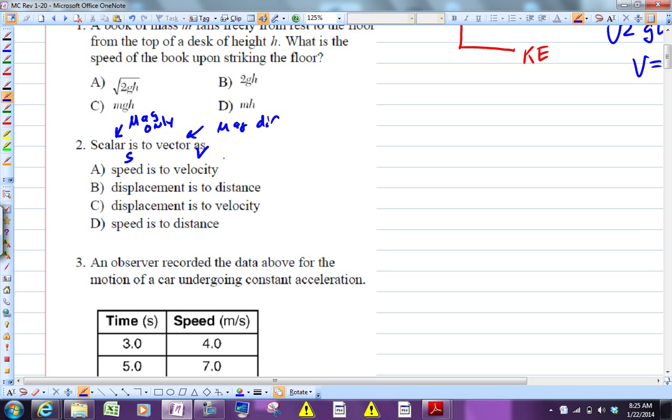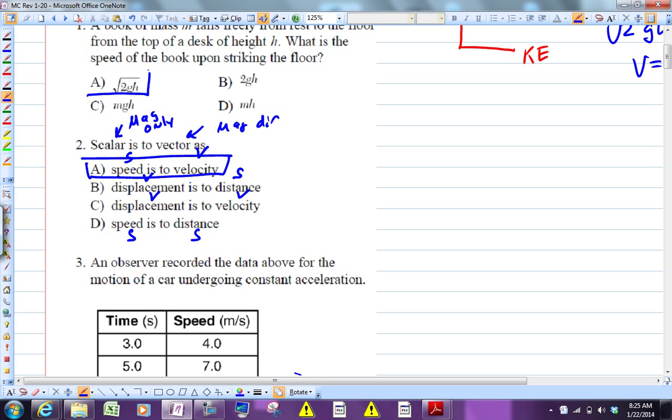So scalar to vector, this is going to be the answer, but let's just rule out the others. Displacement, change in position, that is a vector, it has direction. Distance is a scalar, it only has magnitude. Displacement is a vector, velocity is a vector, speed is a scalar, and distance is a scalar. So the answer is going to be A.